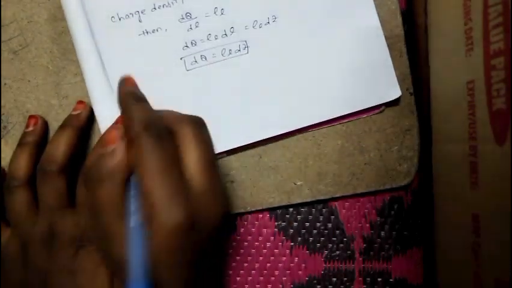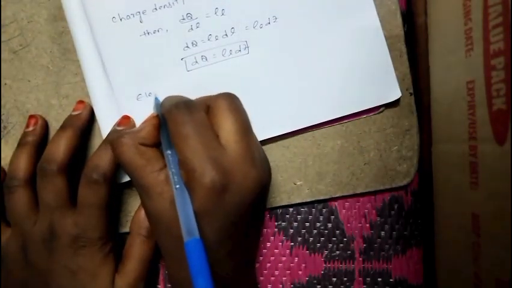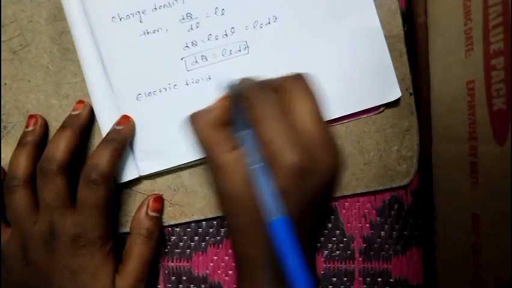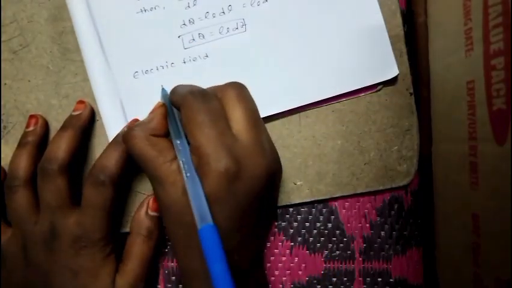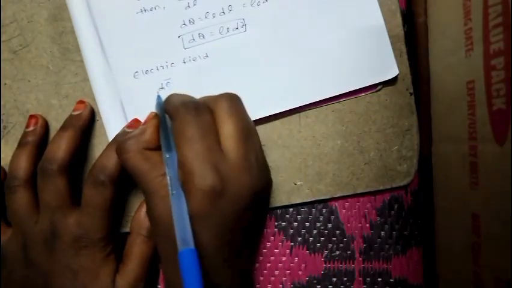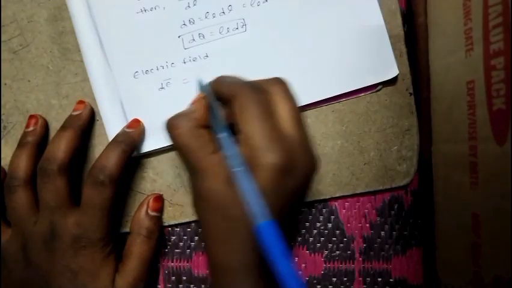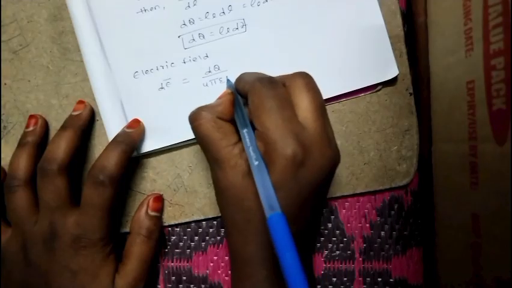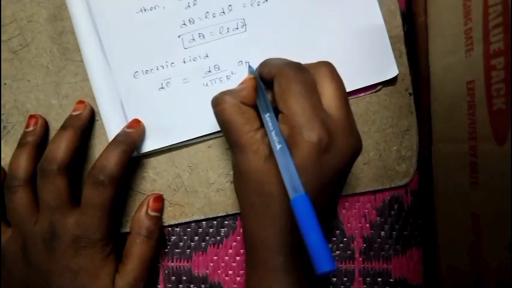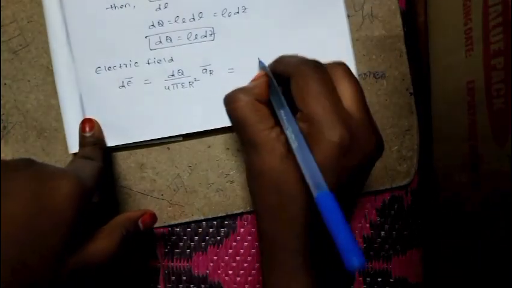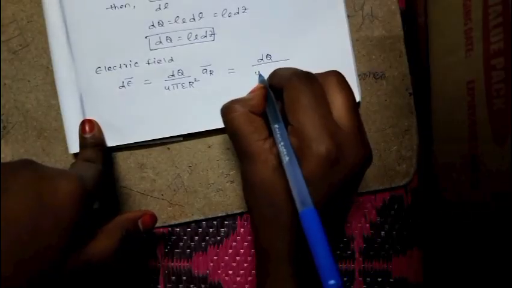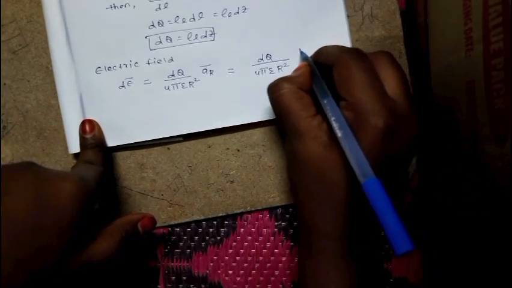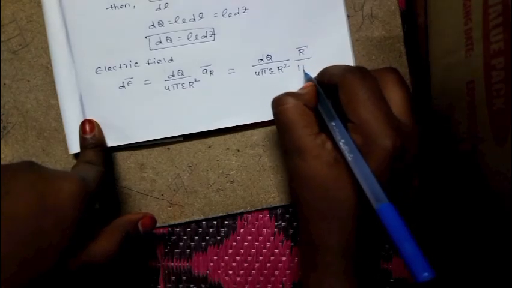Next, the electric field formula. The differential electric field is equal to dq by 4 pi epsilon r square times ar bar. Ar bar is r bar by mod r.